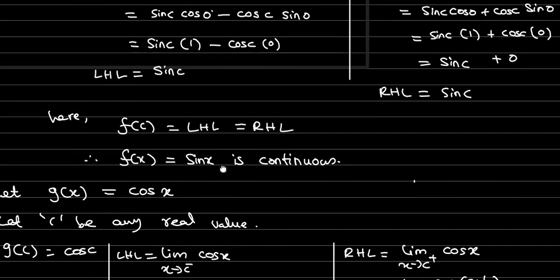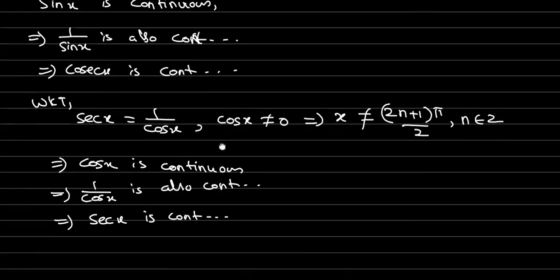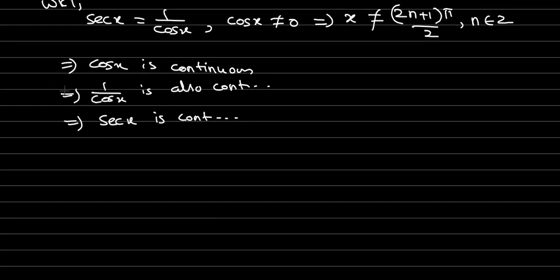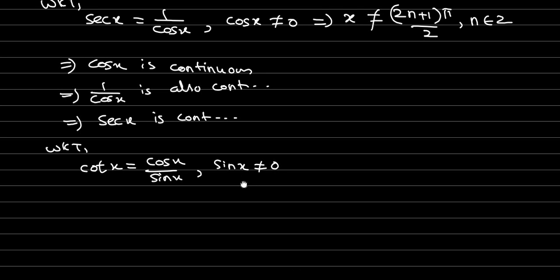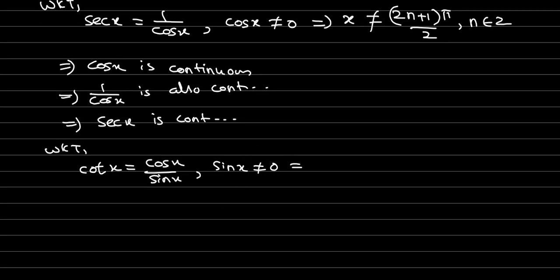Now the last one in this, the cotangent function. They are asking us to prove cotangent is continuous. Cotangent is what? We can write cot x as cos x by sin x. And remember, the denominator sin x is never equal to 0, so x should not equal n pi, where n belongs to some integer.